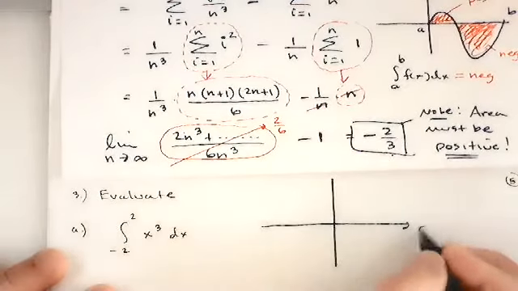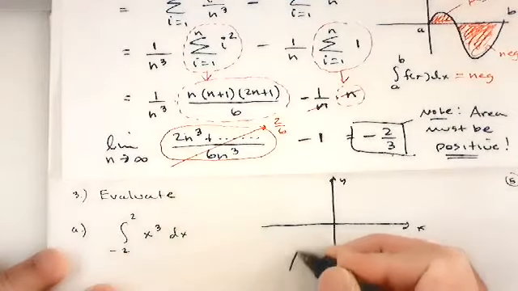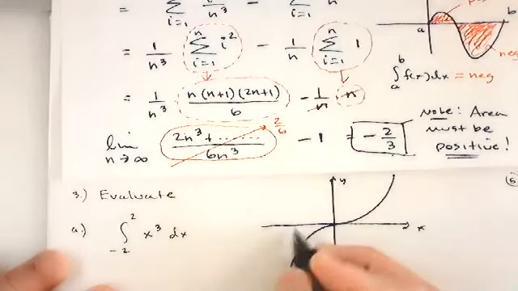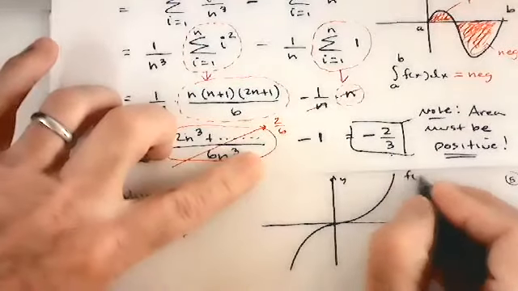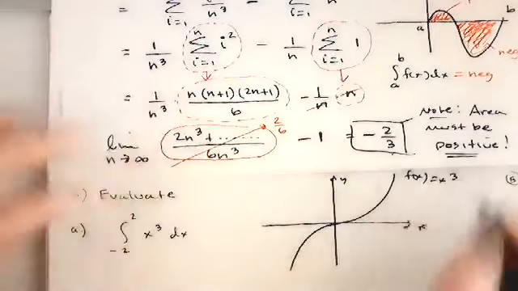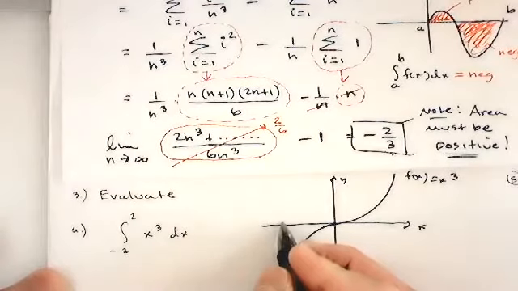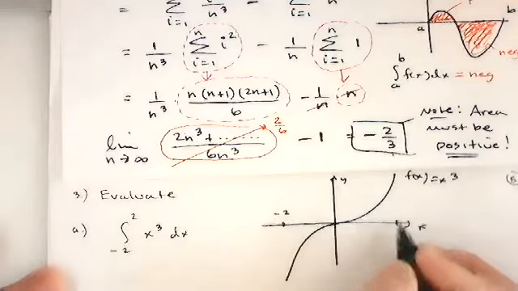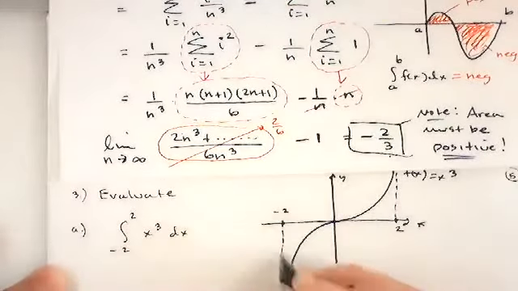If you think about the graph of x cubed, x cubed is a great example of an odd function. You may remember studying those. One of the characteristics of an odd function is that it's symmetrical about the origin.